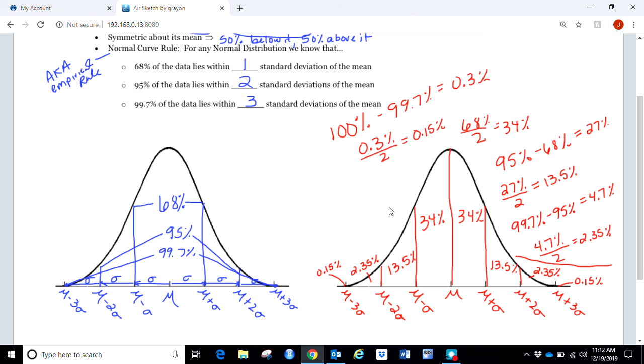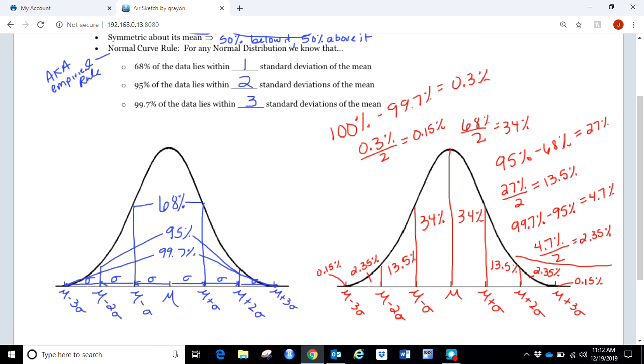So now my entire picture covers everything. I have 100%. Right, because if 99.7% falls within 3 standard deviations, that means that 0.3% fall out further. So there still is some chance of being out here. It's very unlikely, but there is a chance still of being out there.